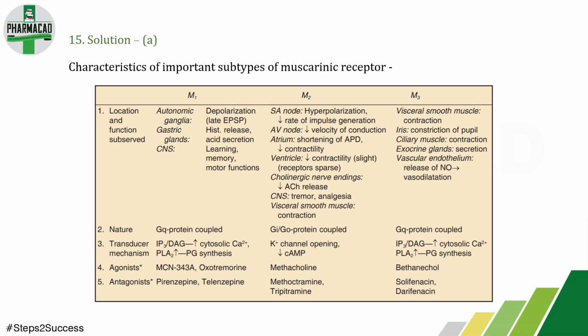As they have asked for an M1 receptor blocker, you can see we have pirenzepine and telenzepine, that is option A. Pirenzepine is the answer. So you can just look at this table, memorize the examples, and it will solve a lot of MCQ questions.